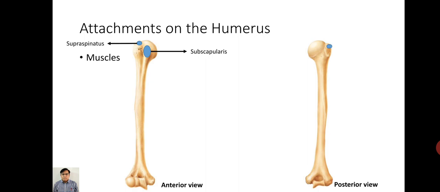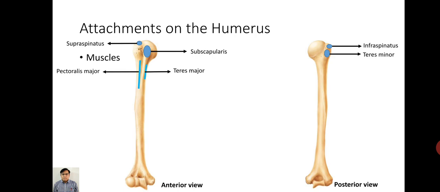The middle impression gives insertion to the infraspinatus muscle, this one. The lower impression gives insertion to teres minor, this one. Now coming to the intertubercular sulcus, the medial lip gives insertion to teres major, this one. The lateral lip gives insertion to the pectoralis major muscle, this one. And the floor gives insertion to latissimus dorsi, this one.